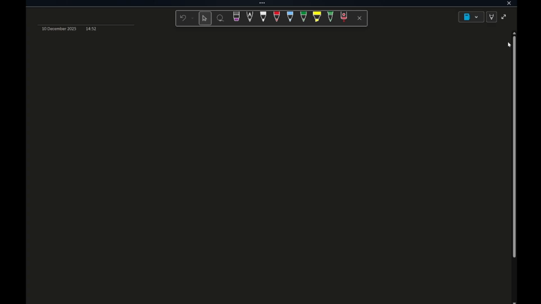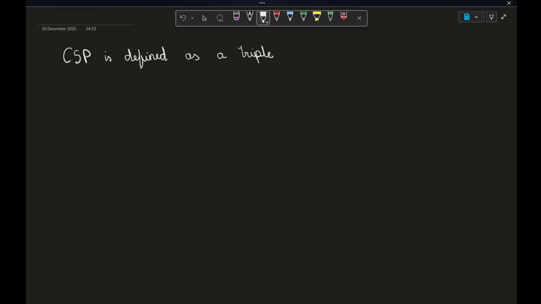Whenever we say something is a CSP, we define it by writing a triple: X, D, and C. X denotes the variables, D denotes the domains, and C denotes the constraints, right?